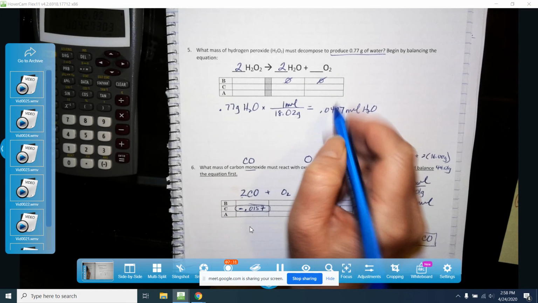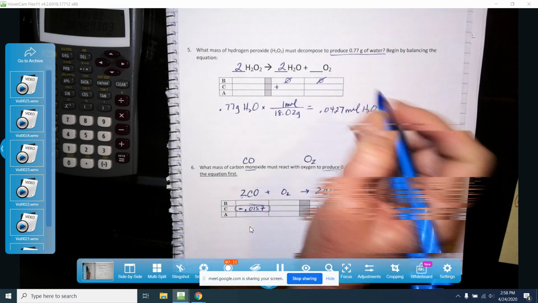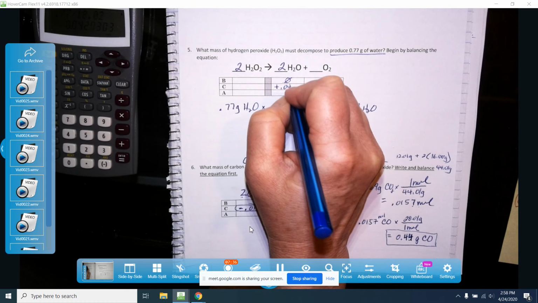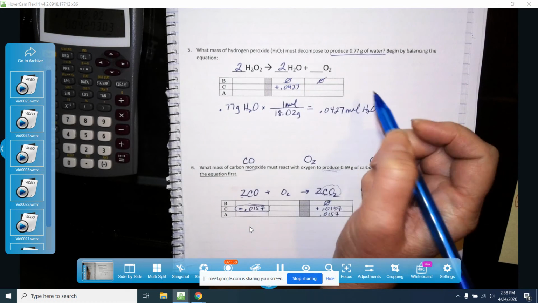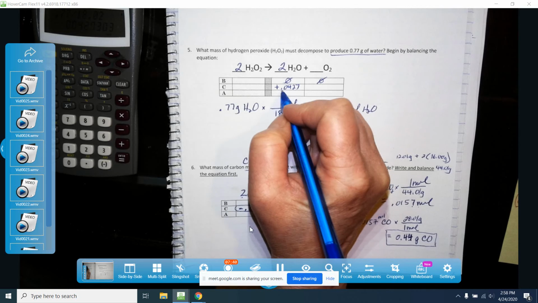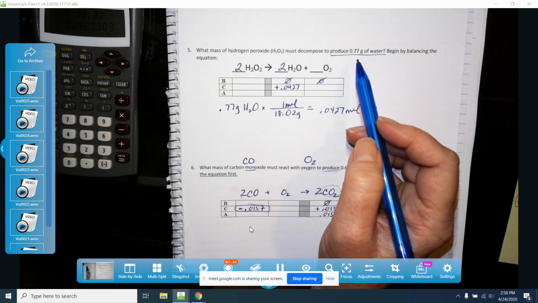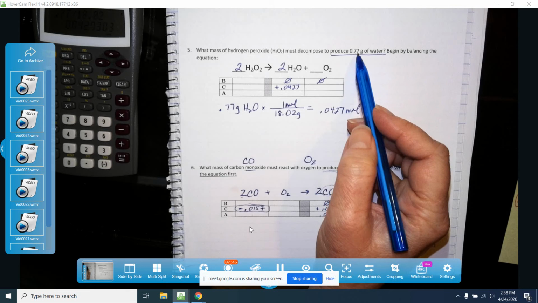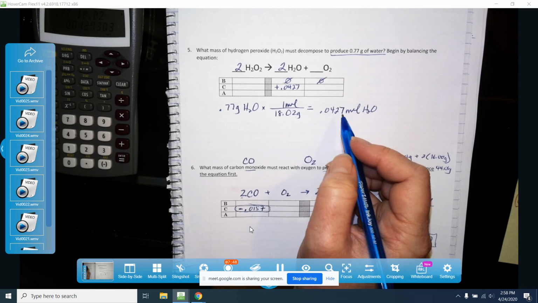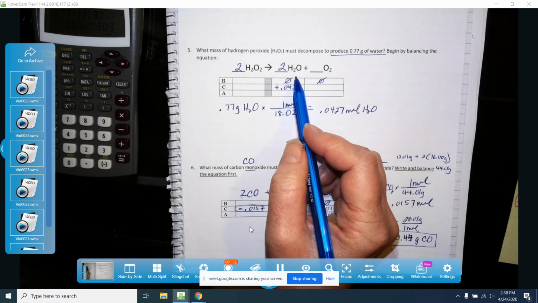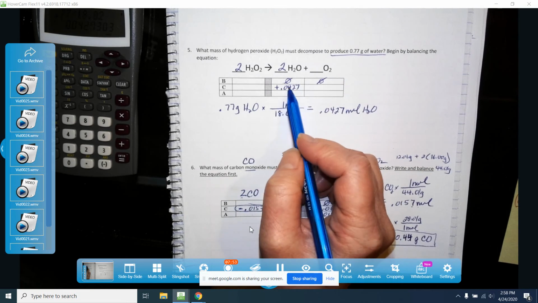So that means this amount is going here, 0.0427. Okay, and I just like to keep a lot of sig figs while I'm doing the calculations, and I round at the end. Okay, 2 sig figs at the end. So this is what we have.